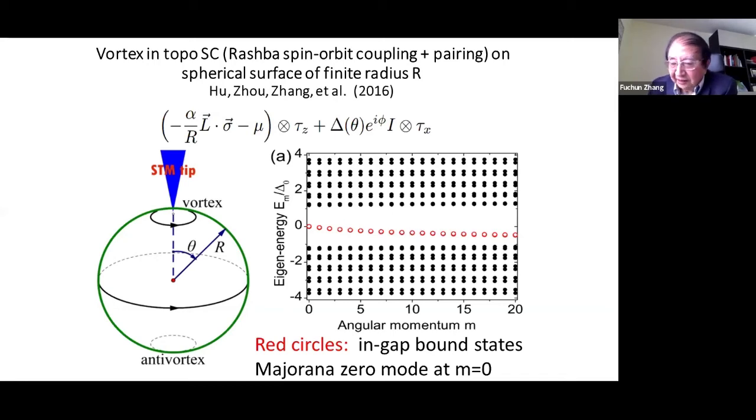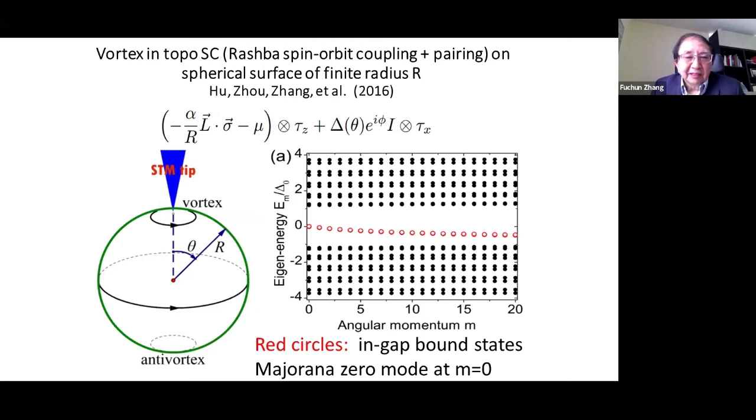To make the calculation more accessible, we consider a spherical surface. The reason is it's a closed surface. I have a vortex and an anti-vortex. In one calculation, I found two Majorana zero modes.